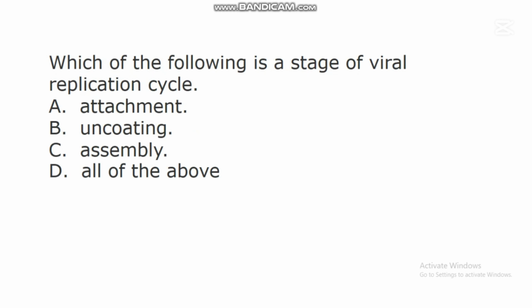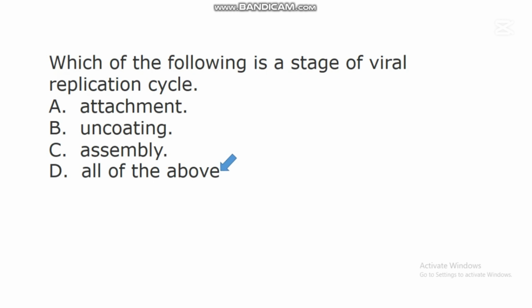The next question says, which of the following is a stage of viral replication cycle? A, attachment. B, uncoating. C, assembly. D, all of the above. In this question, the correct answer is D, all of the above.